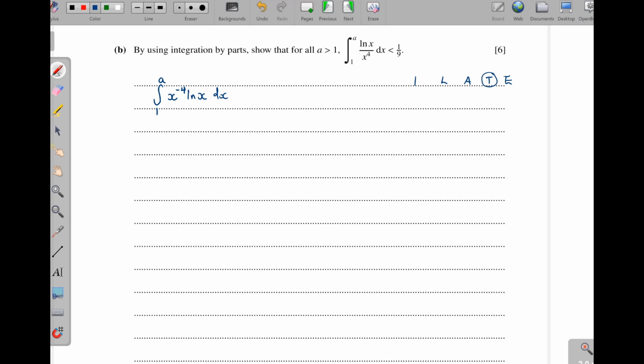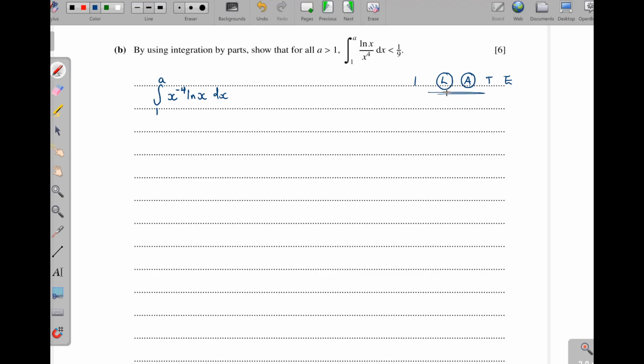Trigonometric functions are treated differently from the inverse trigonometric functions. And then E is exponential functions. So based on what we are having here, this is algebraic, this is the one here, and then logarithmic.